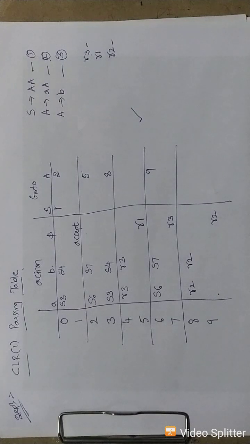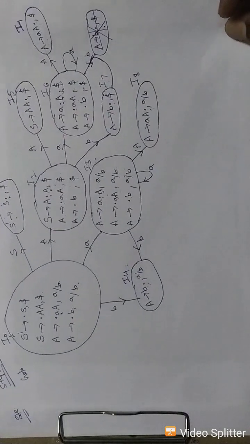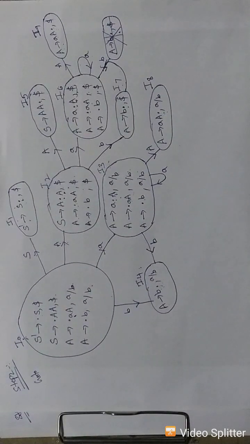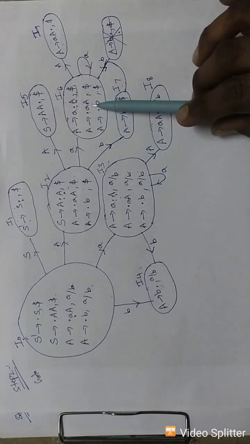If you observe the DFA carefully, the LALR1 and CLR1 are almost similar. If you observe here, I3 and I6 are similar.